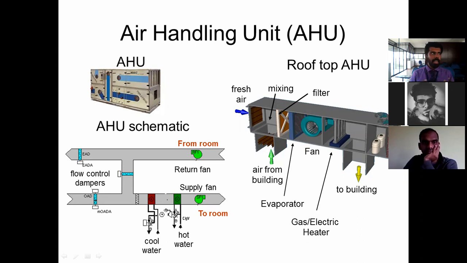In some packaged AC, both indoor and outdoor units are kept on top. Sometimes the indoor unit like this AHU is kept on top of the building, and from there it is taken individually through ducts to the individual flats or rooms. That is known as a rooftop unit.